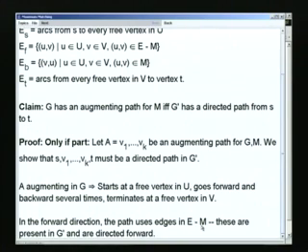Now, these edges are in fact present in G prime, and they are directed in the forward direction. So, if we look at the forward going edges, they are all present in G prime and they are oriented as per the direction of movement of the path.